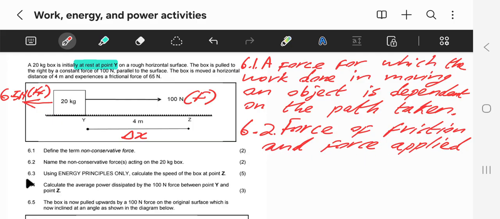Then we go to 6.3. It says using energy principles only, calculate the speed of the box at point Z, this point here.